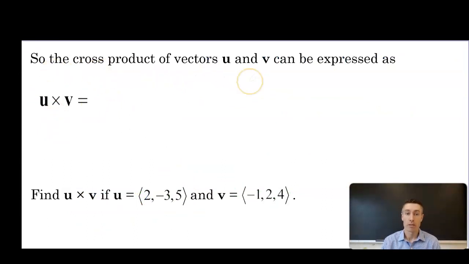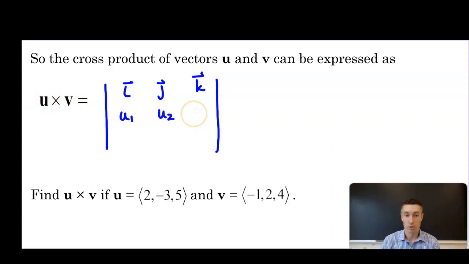The cross product of vectors u and v can be expressed as, so u cross v is equal to the determinant of a 3 by 3 matrix. Along the first row, we're going to put the 3 unit vectors, i, j, k. Then along the second row, we'll put the components of u, so u1, u2, u3, and then along the third row, v1, v2, v3.